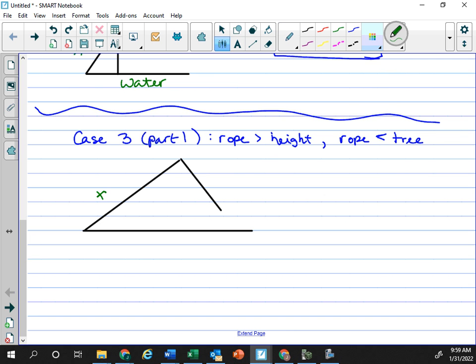Same picture. We've got our tree, rope, water.